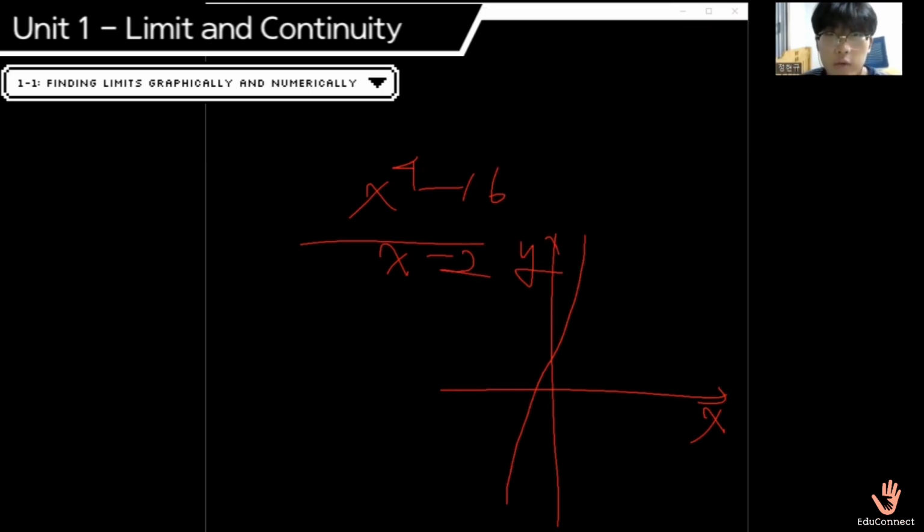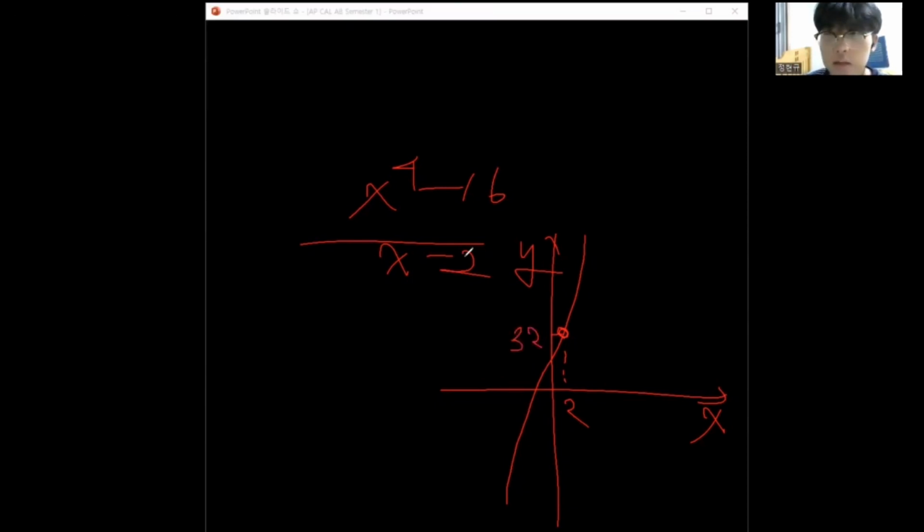As you can see, when x is equal to 2, there is a hole because I cannot plug a 2 into the function. But as you can see from the graph, as we get really close to 2, the value of the function is getting really close to 32. Now it's your turn.